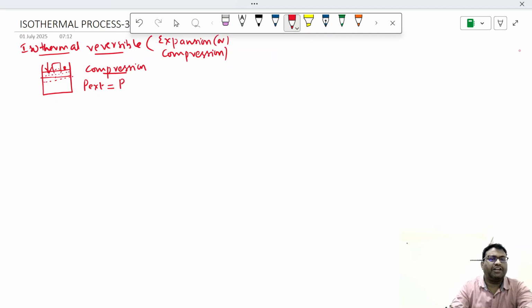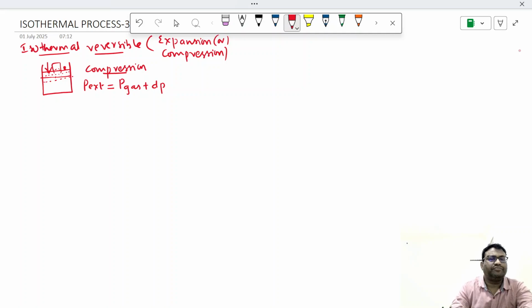So P external is P internal, or the pressure exerted by the gas, plus dP. dP means a very small pressure. Infinitesimal can be very large or very small; here we are speaking of a very small pressure, an infinitesimally small pressure.